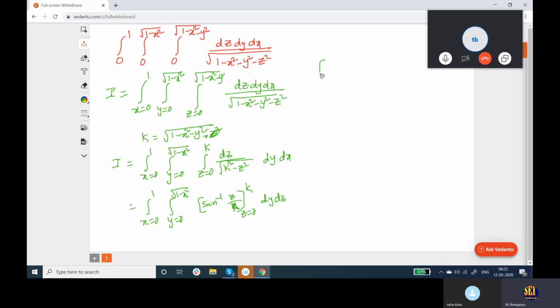Now, integral x is equal to 0 to 1, integral y is equal to 0 to square root of 1 minus x square. Now substitute. If you substitute k, sine inverse 1 minus sine inverse 0, dy dx. Yes? Next, sine inverse 1, can we write pi by 2?